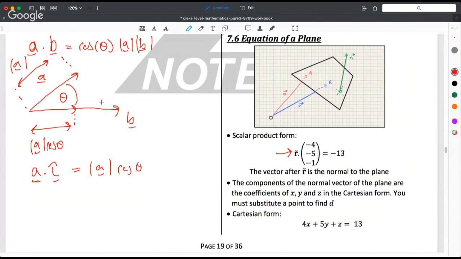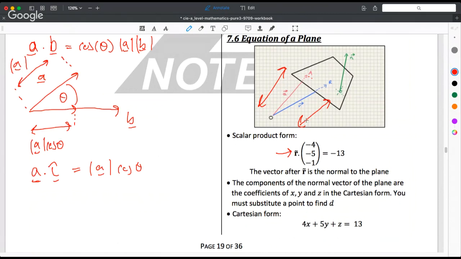Now that we have a different understanding of this dot product rule, we can use it to define planes. For some position vector on this plane, when we take the dot product, i.e. when we take the projection of this vector along this direction, if that is a constant value, let's say this is the vector here, -4, -5, -1, then any one of these vectors has the same length in this direction.